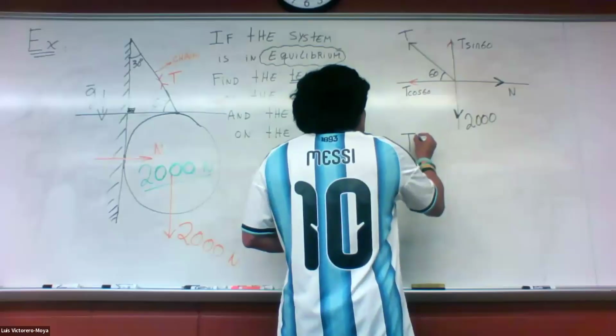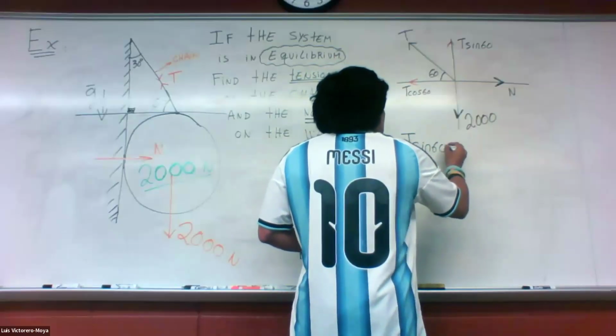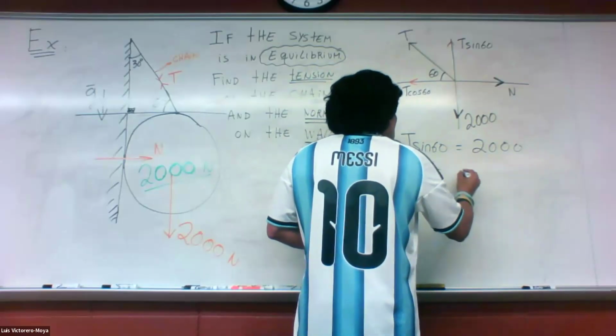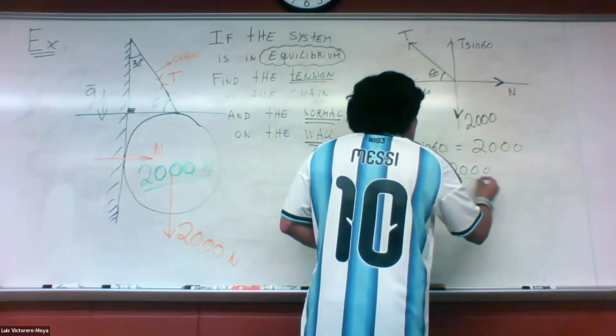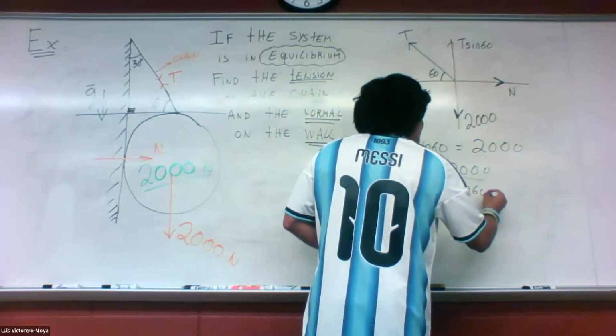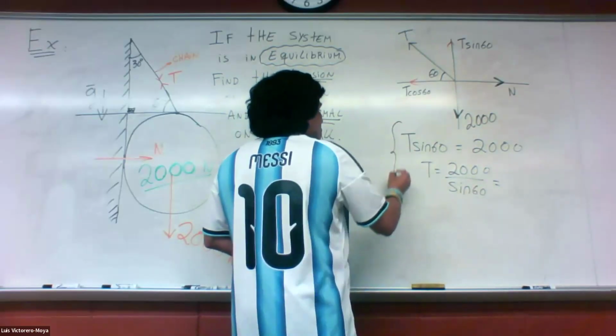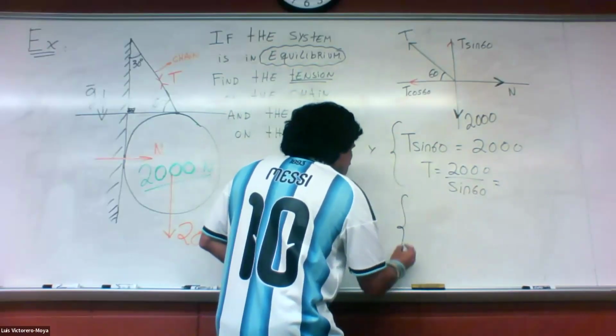T sine 60 is equal to 2000. All right. And we can solve for T now. T is 2000 over sine 60. That's the vertical. What about the horizontal? This is on Y. What about on X?